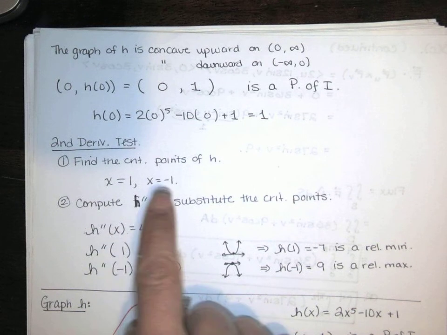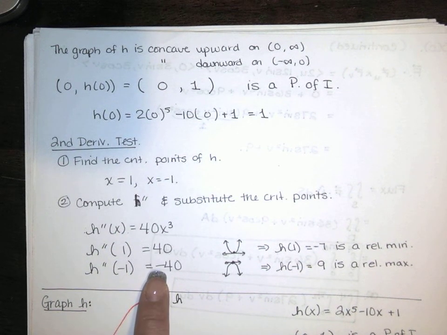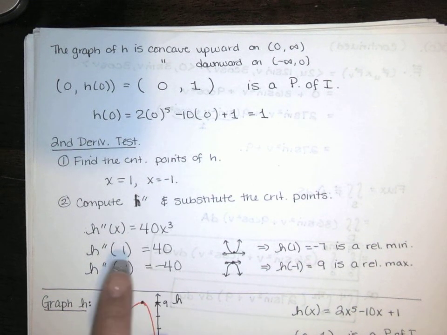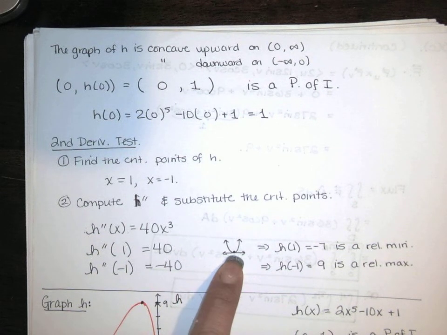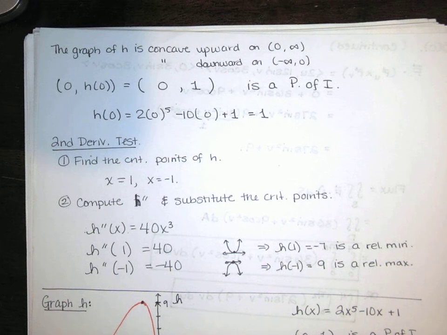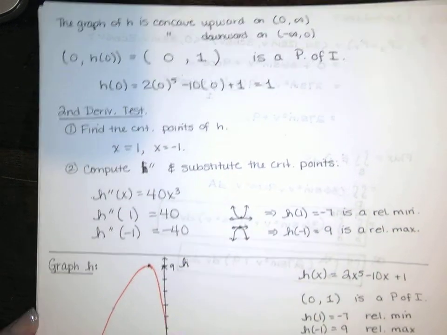You plug in the critical points, and that's going to tell you whether the graph is concave upward or concave downward. If you're at a critical point and the graph is concave upward, it means you're at the bottom. So the slope is 0, but the graph is concave upward, you're going to be at a relative min. Or if you're at a critical point and the graph is concave downward, well, the graph looks like this and the slope is 0, so you have to be at the top, so you're at a relative max.